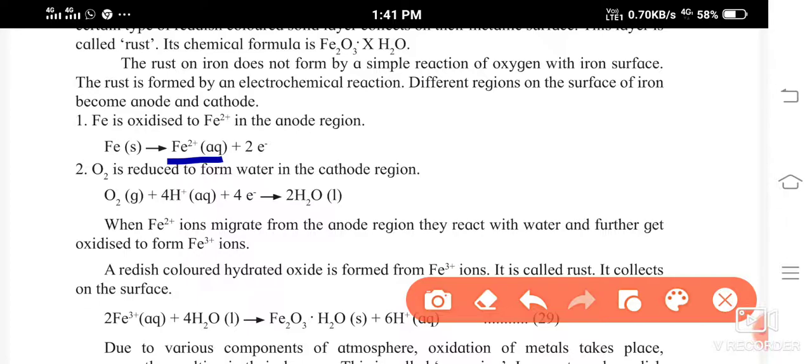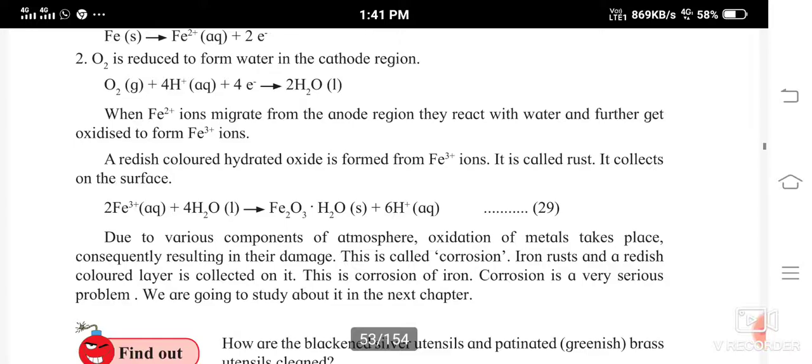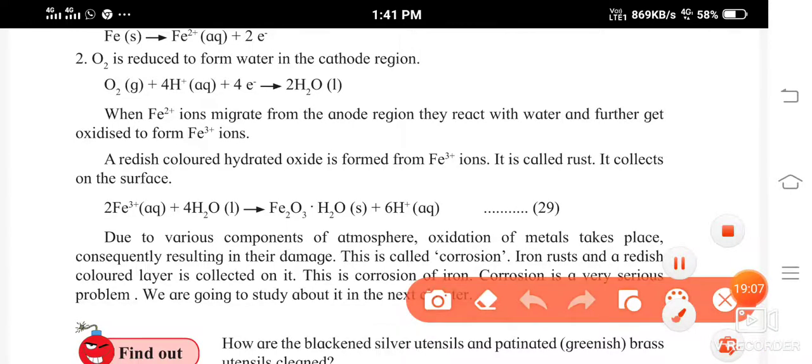So in the cathode region what happens? Oxygen is going to form H2O. It is reduced, you can see here hydrogen is gained, right? So this is a redox reaction, as well as electrons are gained here.